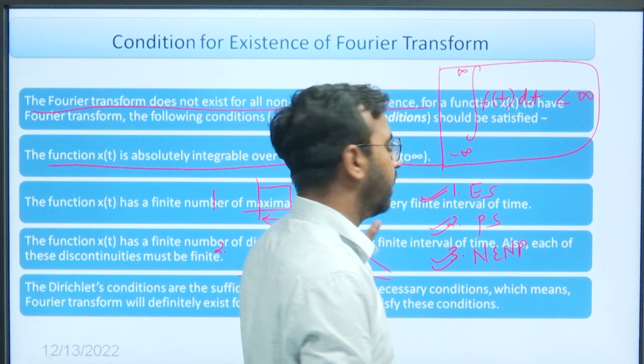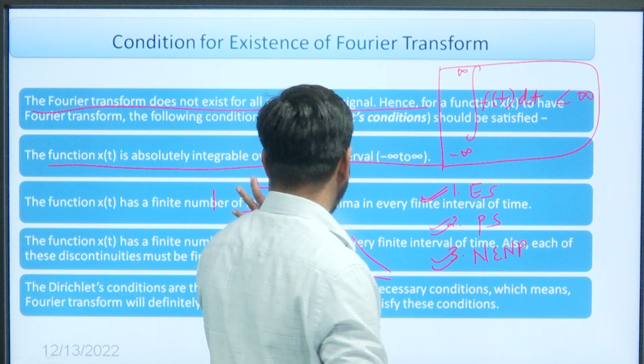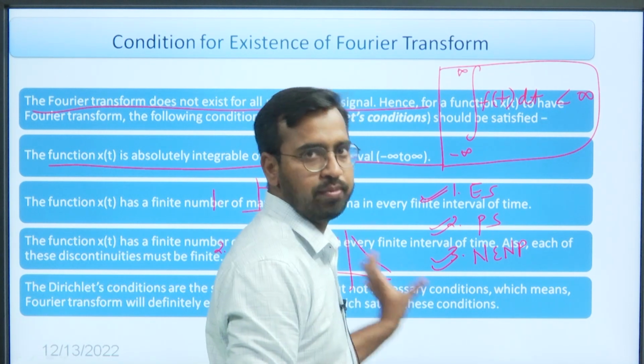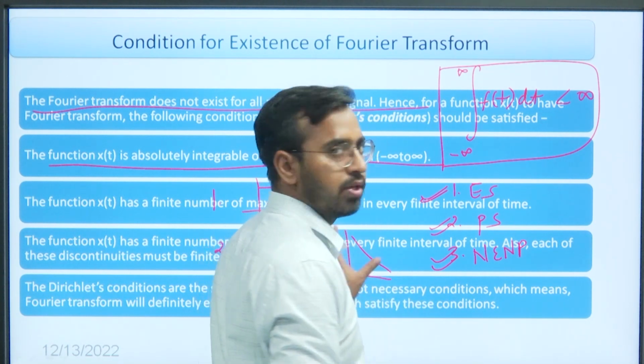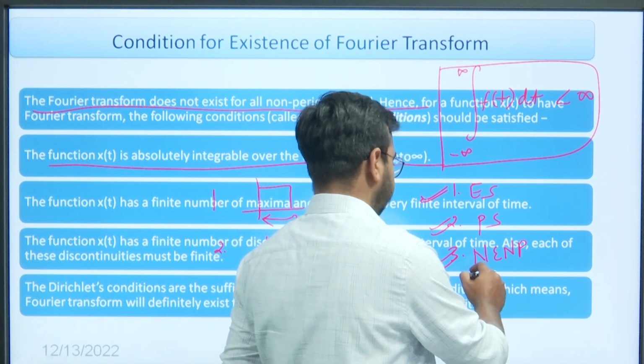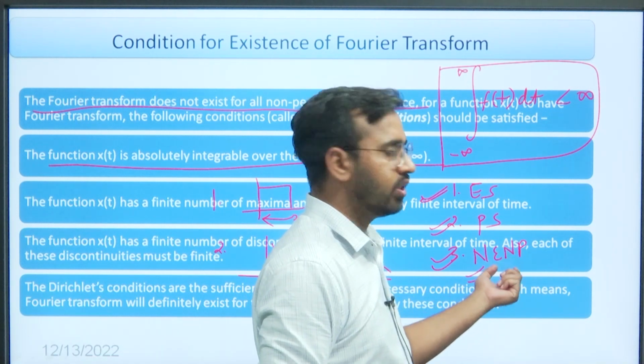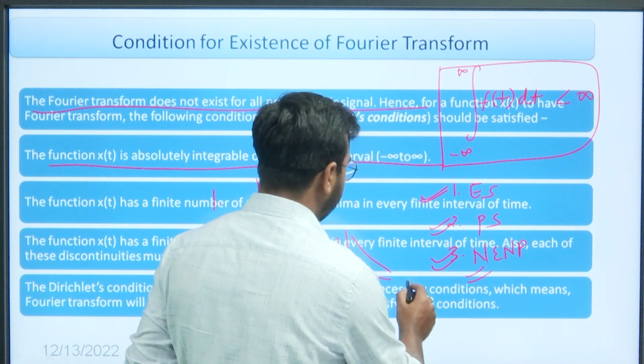For an energy signal, any signal that has finite duration, or has decreasing magnitude, comes under the category of energy signal. Then neither energy nor power signal is one whose magnitude is infinite at any instant of time.